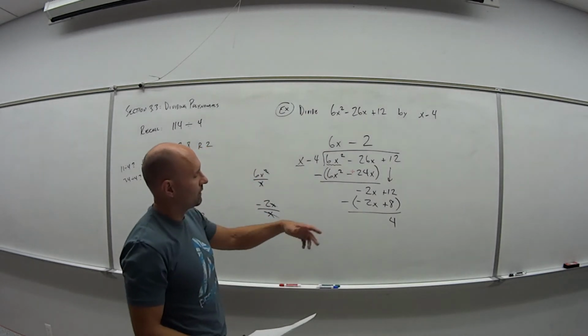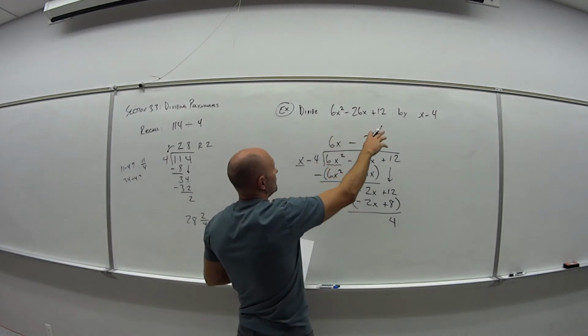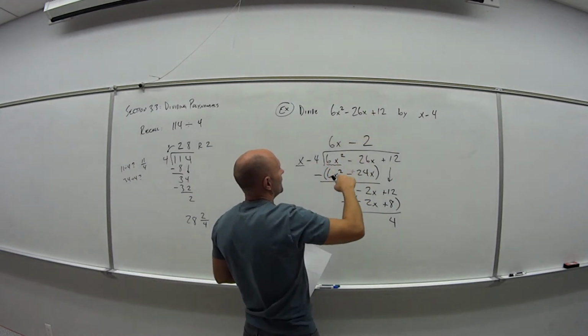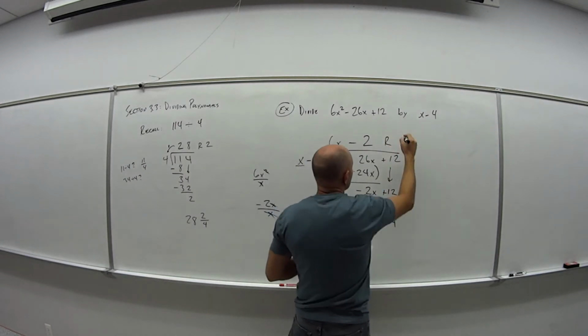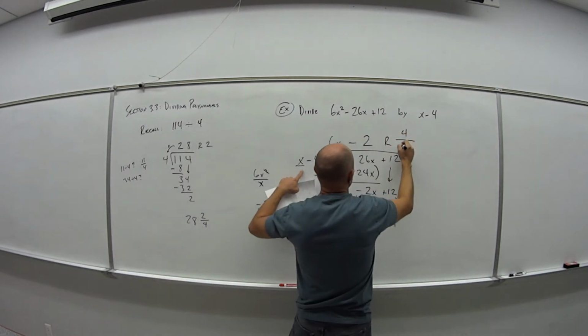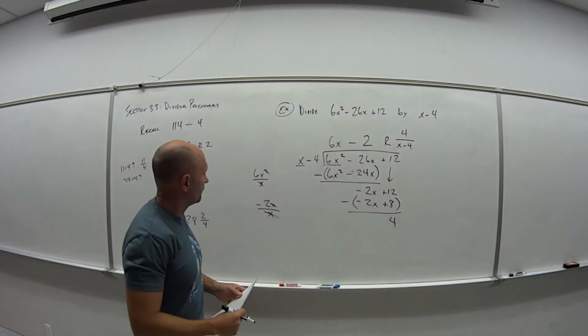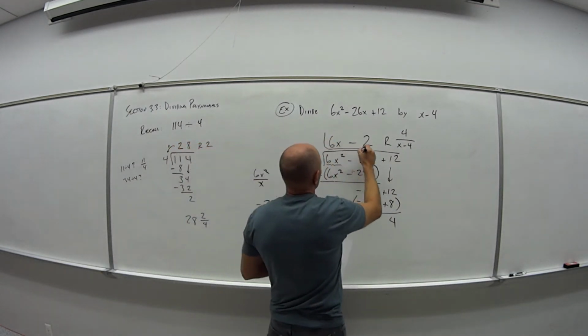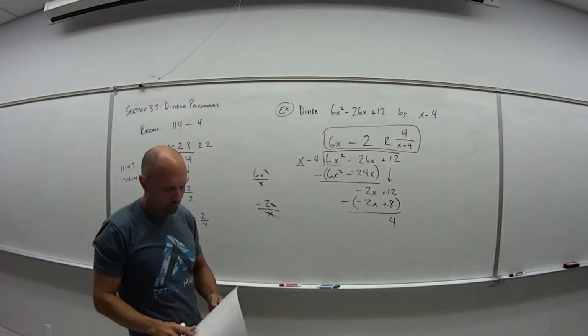There's nothing left to bring down, so that's my remainder. So when I divide this polynomial by x minus 4, I get 6x minus 2, remainder of 4 over x minus 4. So this top would be my answer when I divide those two polynomials.